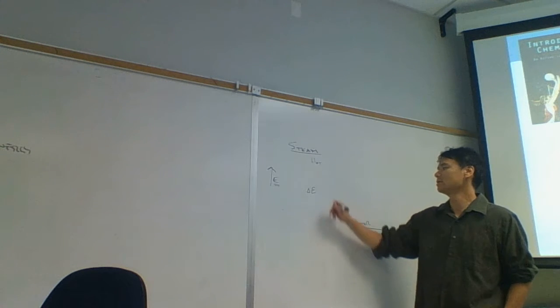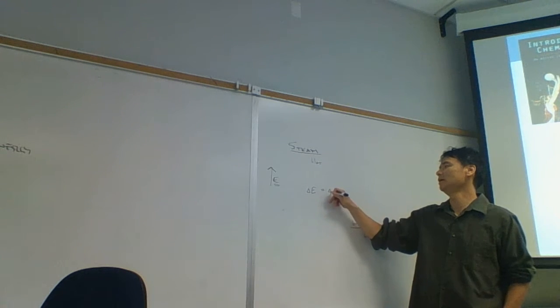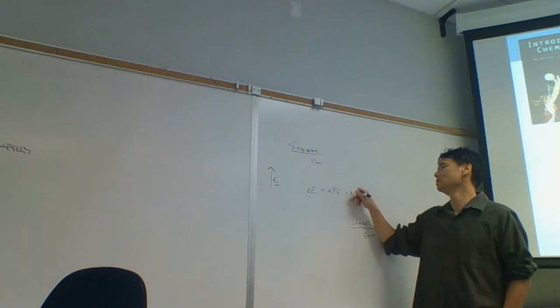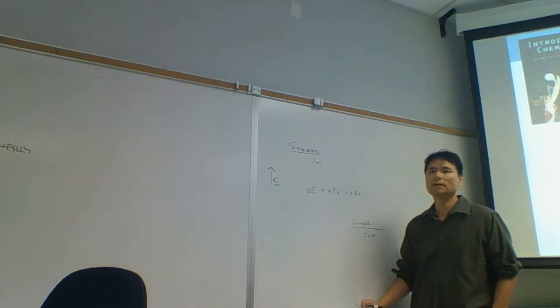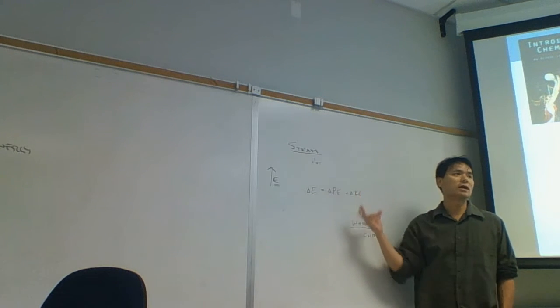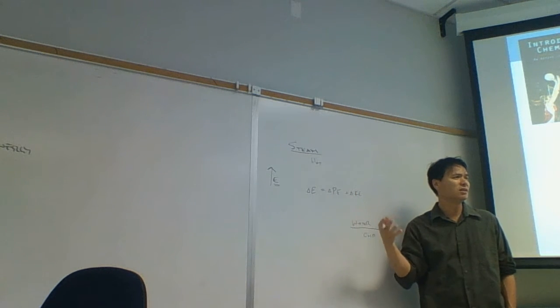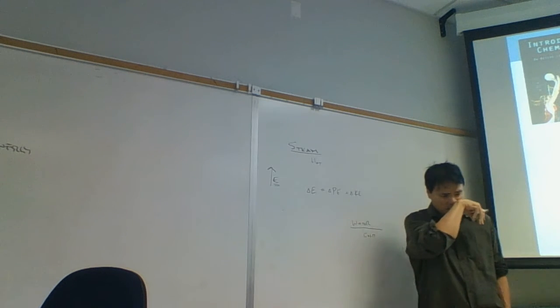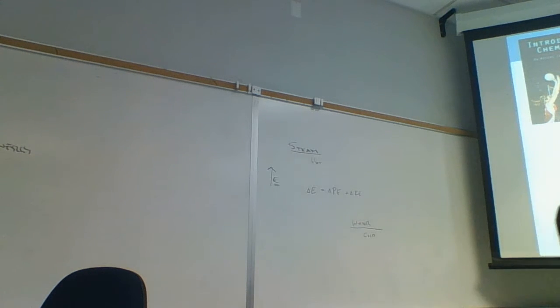In this case, the delta E is going to be either a change in potential energy, delta PE, and a change in kinetic energy, delta KE. In this case, it's still water. We start off with H2O, we end up with H2O. So H2O has the potential to do what? You can drink it, you can do other things with it.